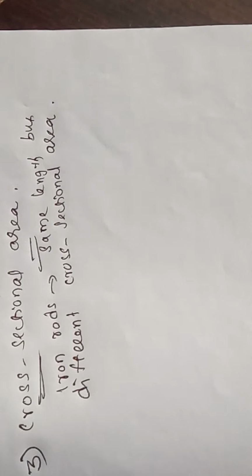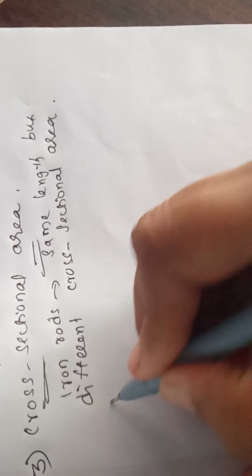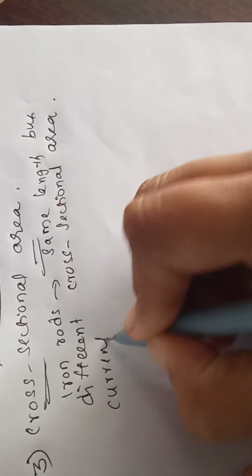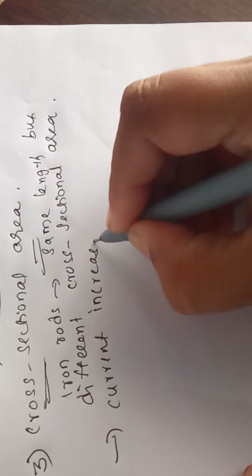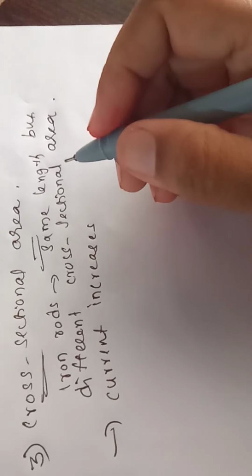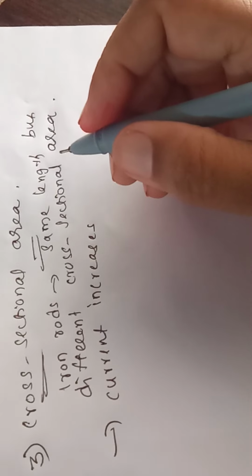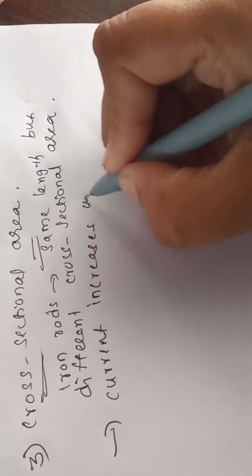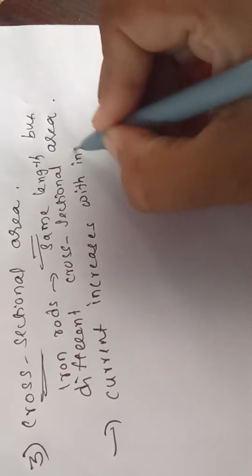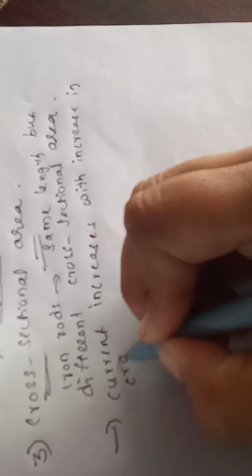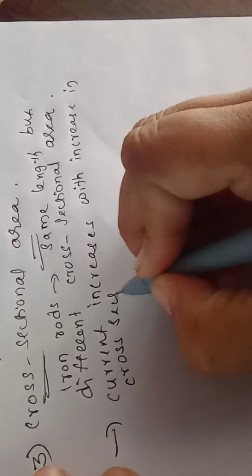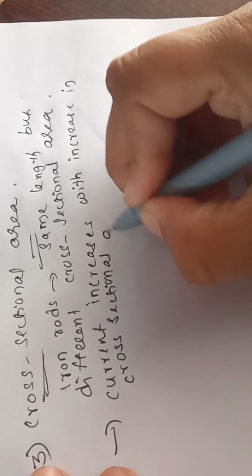Here we find that the current flowing through the rod increases with increase in cross-sectional area. What did we find?